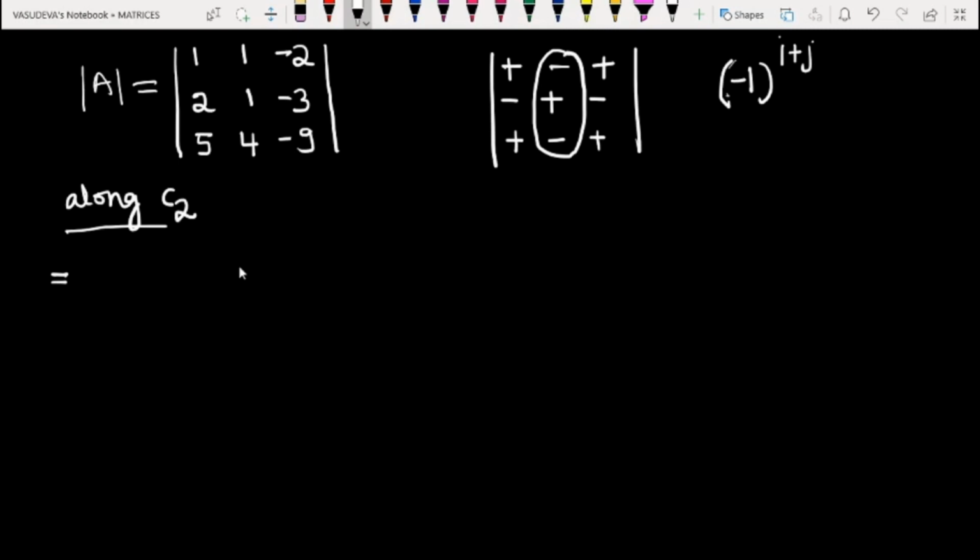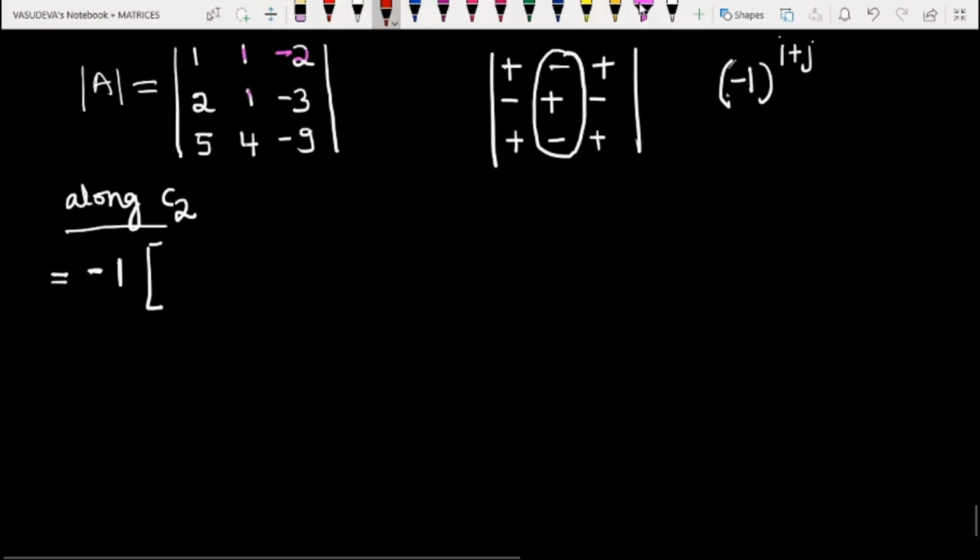So now the 1 lies in A12, that is the position in the first row and the second column. Since the sum of the suffix is odd, it is minus 1. So 1 into minus 1 into, now we have to take the 1 lies in the first row and second column.